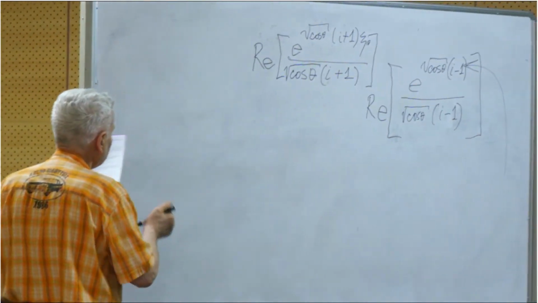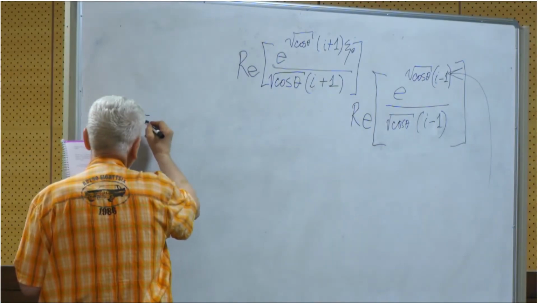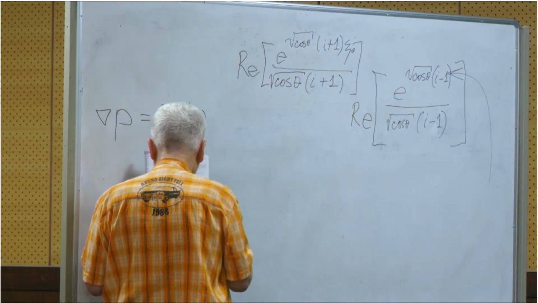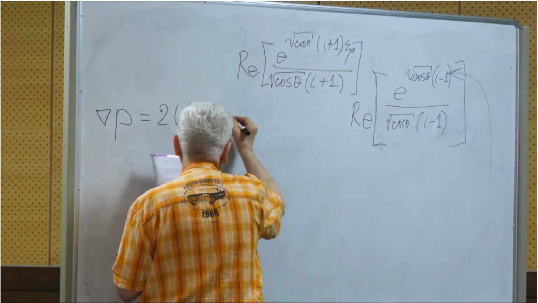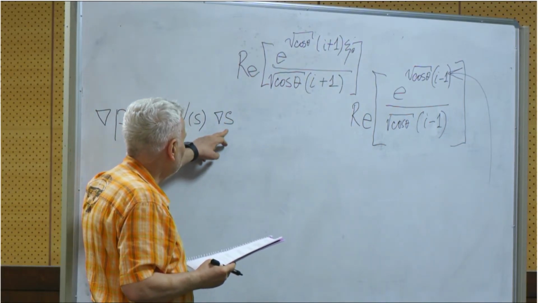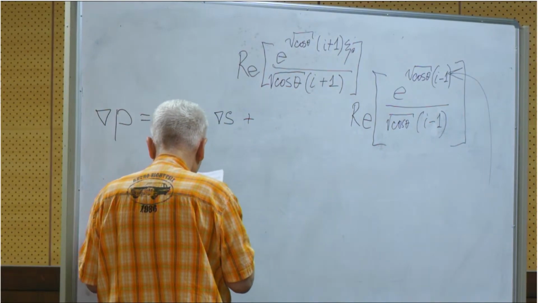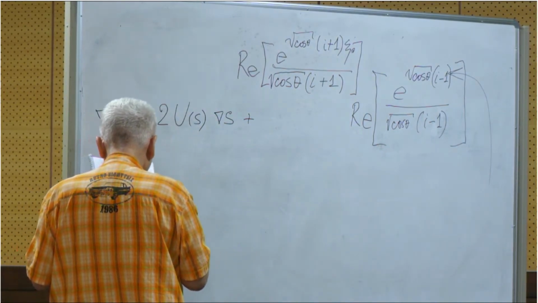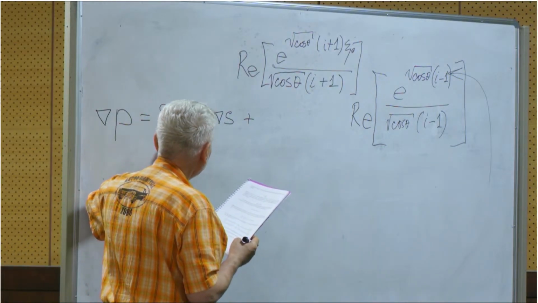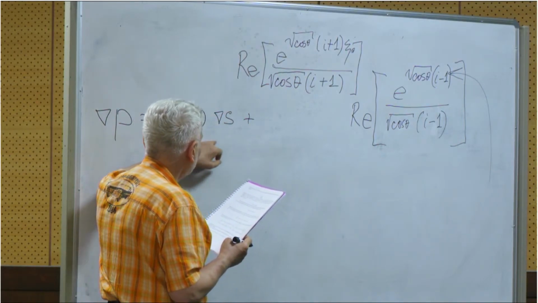And the final result is, first of all, to represent gradient P. So it will be 2U capital from S, grad S. So it's obvious, because it depends only on cylindrical radius, so it depends on the gradient S. Then we have the next contribution, which comes from the outer layer, and it's no wonder that this pressure has only a geostrophic component, which is of order 1, and so it keeps being important.